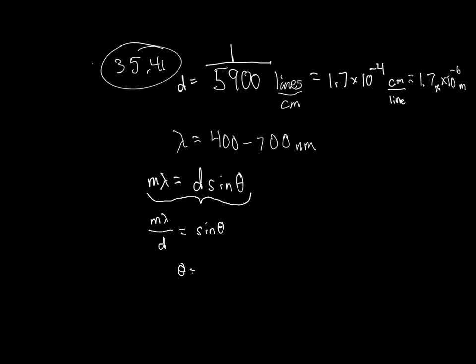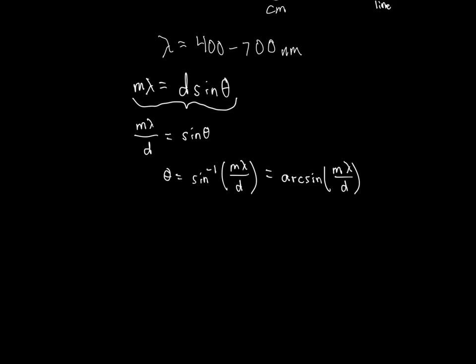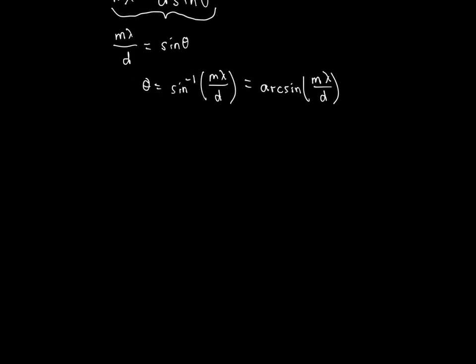Theta is equal to the inverse sine of m lambda over d. So that's going to be the key equation that you're going to use in every single part of this problem. This is the same as saying arc sine of m lambda over d. Okay? Questions on that process?